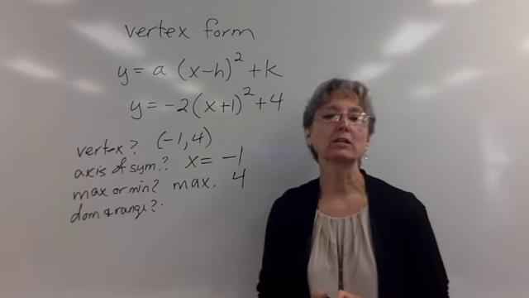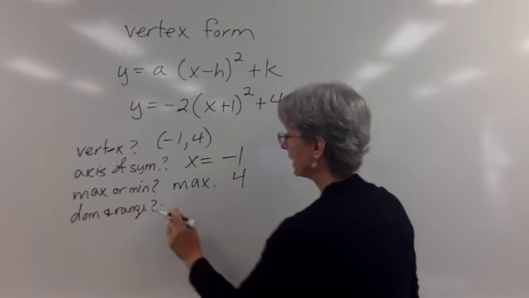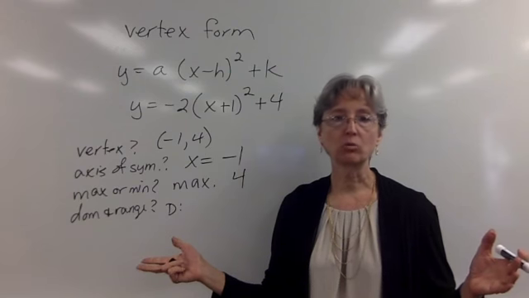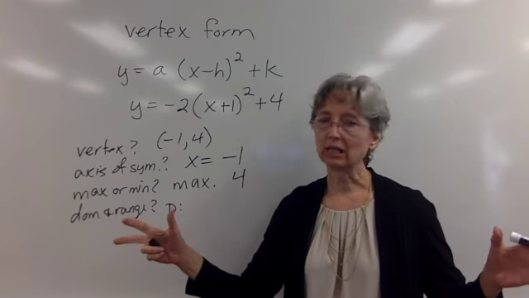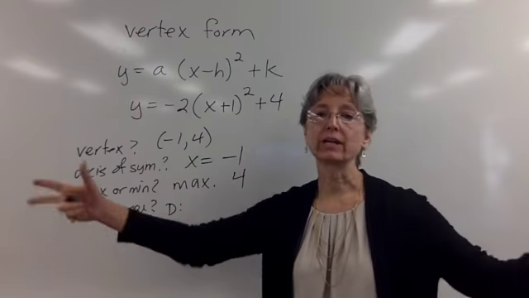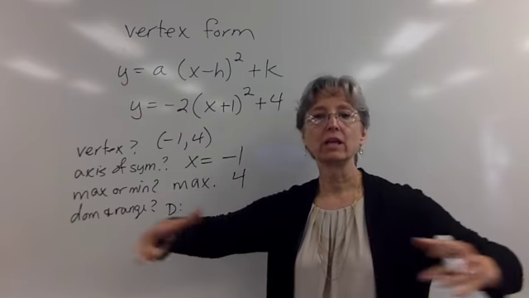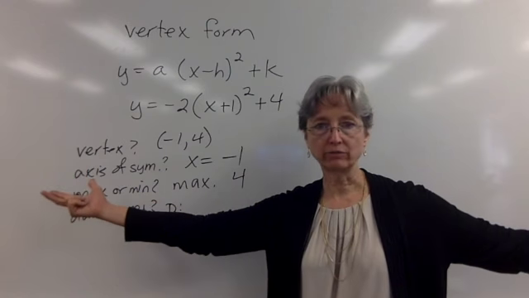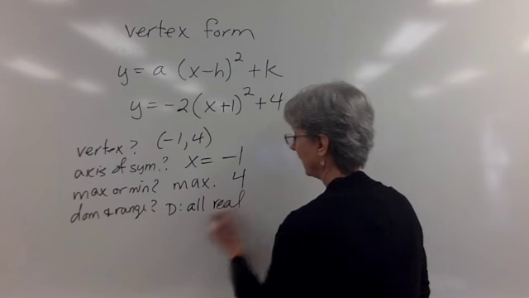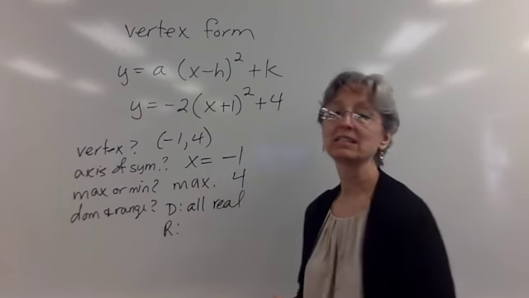So what's the domain and range? Again, for the domain, there's no limit to what we put in. We can put in any value we want for x at all. In fact, any graph, left to right, will go on and on for infinity. So our domain is all real numbers. However, our range is limited.